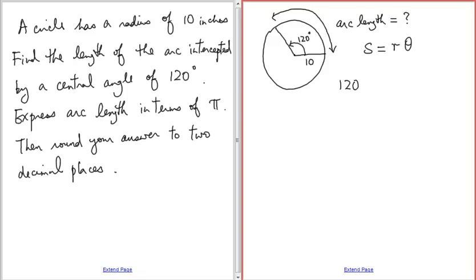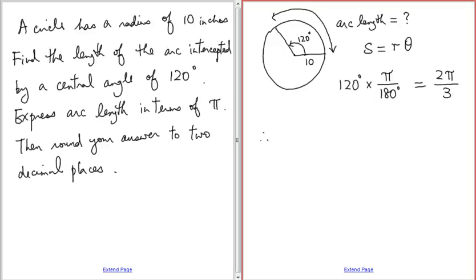We have 120 degrees times pi over 180 degrees. So that would give you 2 pi over 3.